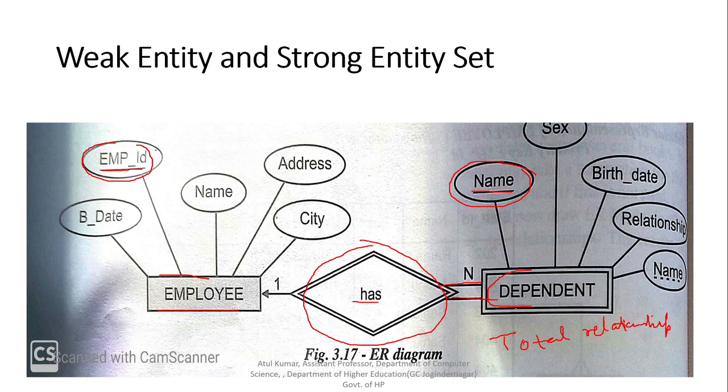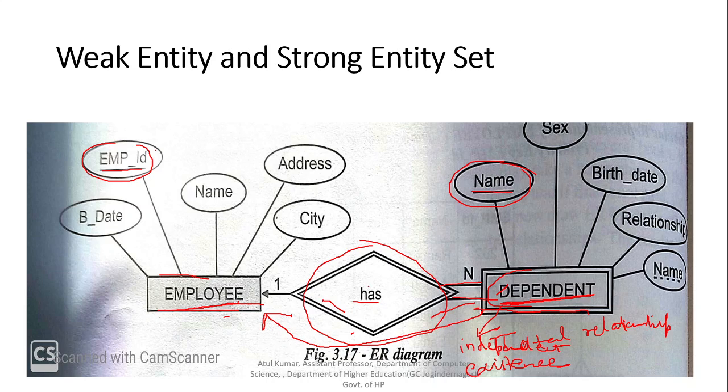Here total relationship means that the dependent entity has no independent existence. So this dependent entity depends upon the employee entity for its existence. That is why this dependent entity is called a weak entity, and this employee entity is a strong entity.